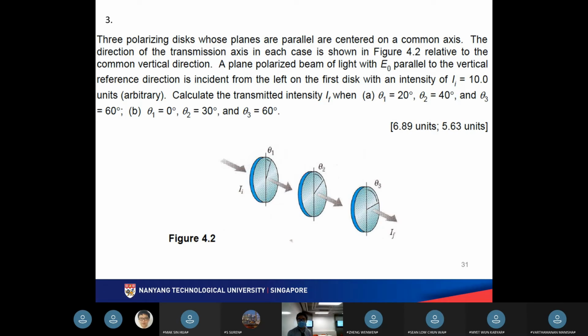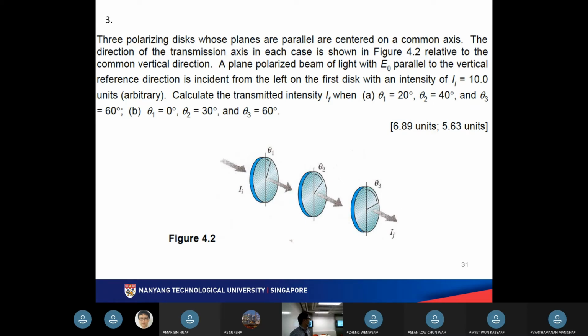Now I give you an important conclusion. If you want to rotate the light by a certain angle and I give you a number of polarizers to do that, you can maximize the output light intensity by making the polarizing axes of the polarizers equally spaced in the angular direction. So for example, here I have 3 polarizers. I want to rotate the light electric field by 60 degrees.